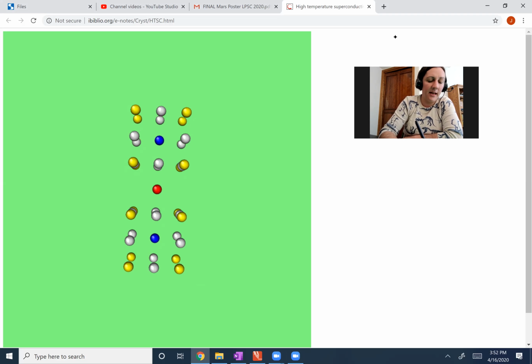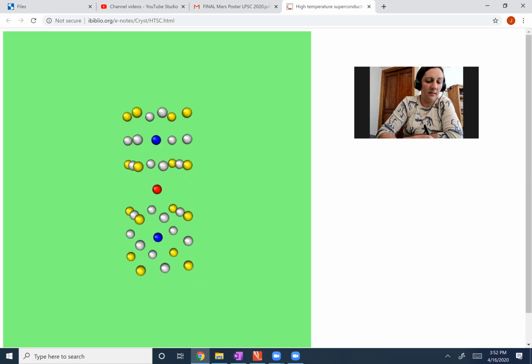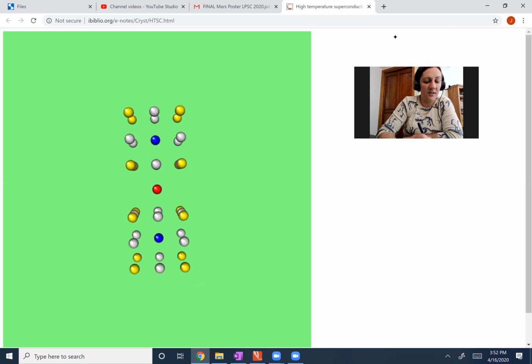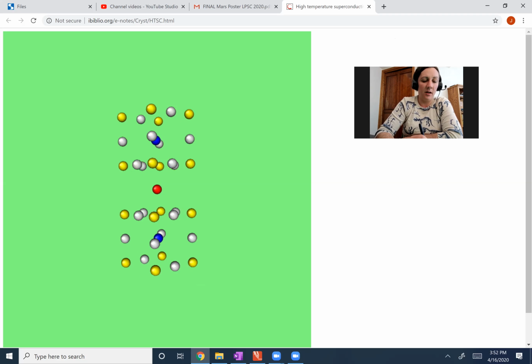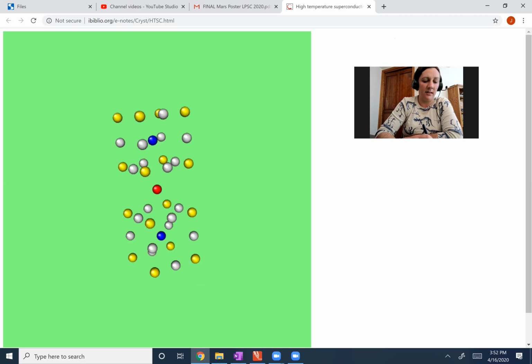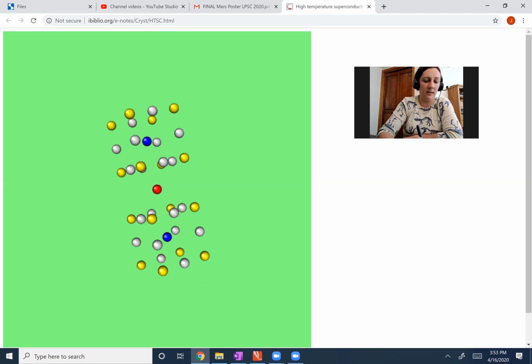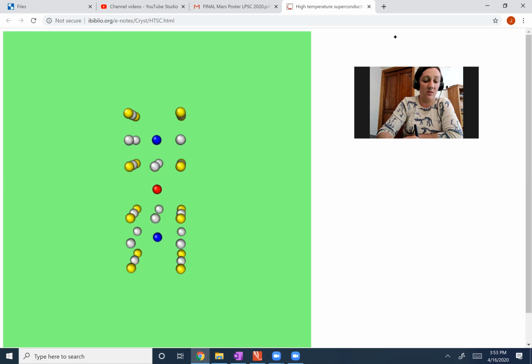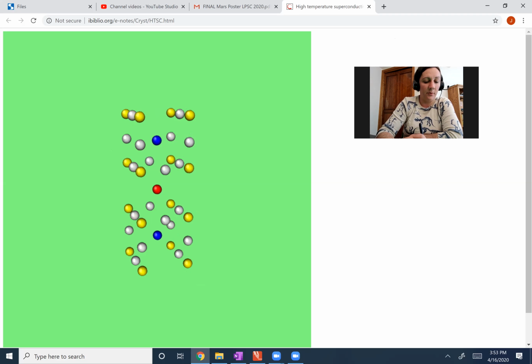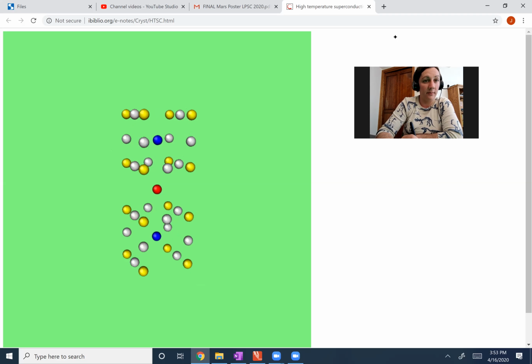And we have then our oxygen occupying these edges around the top and the bottom of this, with then a couple of oxygen atoms that are going to be in the face of the structure in the middle. And so here, I'm going to move this around for a little bit so you can get an idea of it. And I'll put a link as well in this video so you can play around with this yourself and kind of prove to yourself the structure that we come up with.